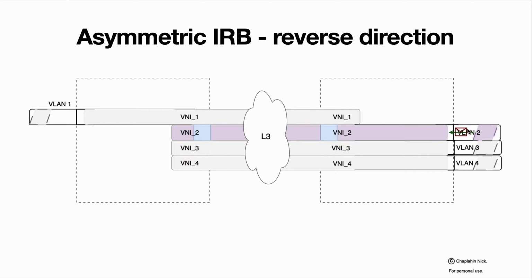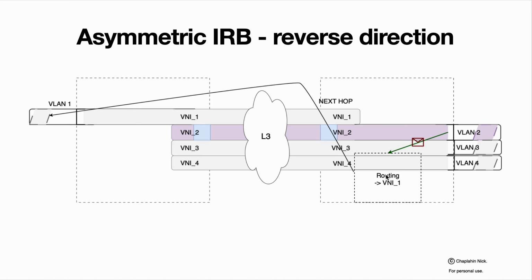In the reverse direction, the same happens. We receive a packet that needs to be sent somewhere, and we look at the routing table. The routing table shows that the next hop is there, so we route the packet to the appropriate tunnel VNI.